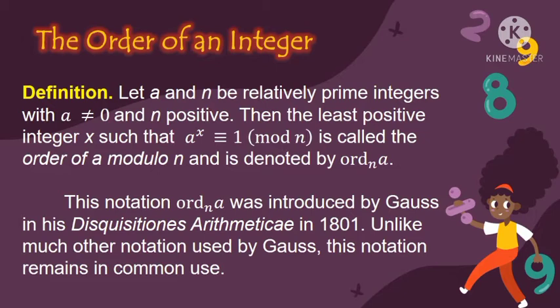Then the least positive integer x such that a^x is congruent to 1 modulo n is called the order of a modulo n and is denoted by ord_n(a). This notation was introduced by Gauss in his Disquisitiones Arithmeticae in 1801. Unlike much other notation used by Gauss, this notation remains in common use.